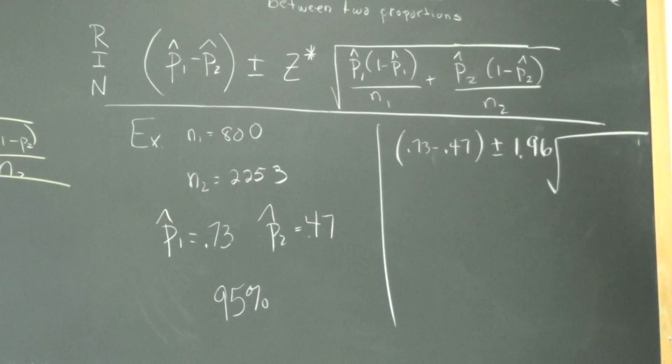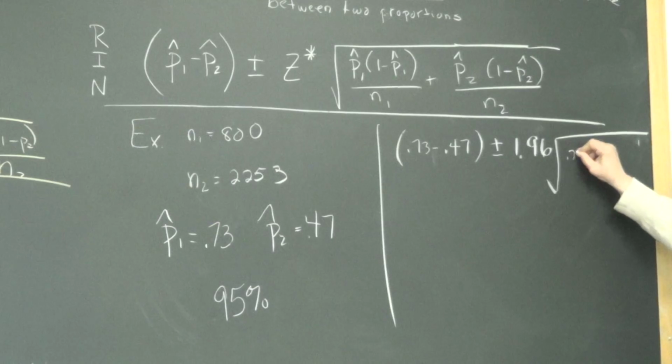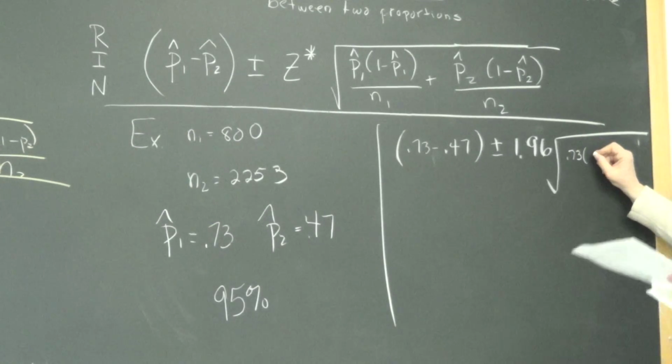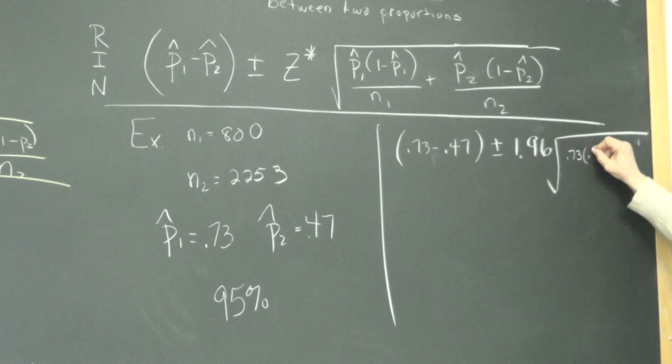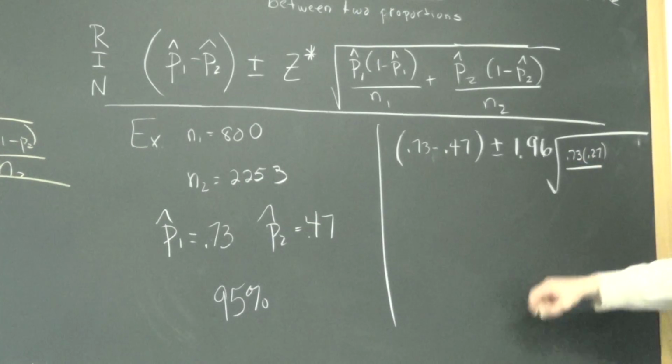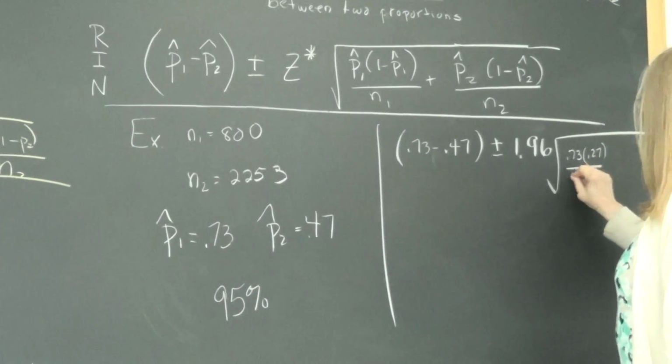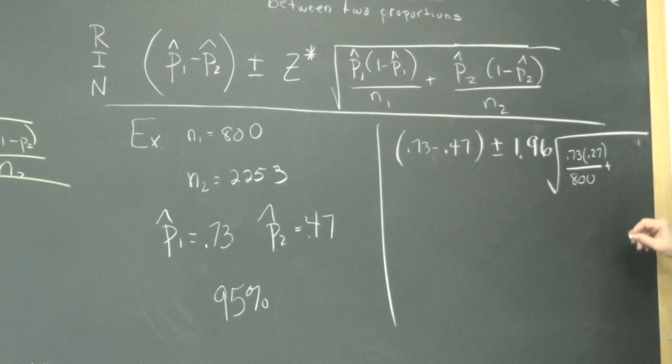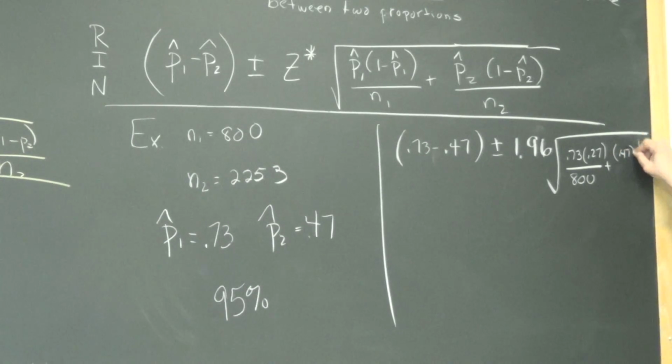All right, so keep going, Bailey. The square root of 0.73 times 1 minus 0.73, over 800, plus 0.47 times 0.53 over 229.